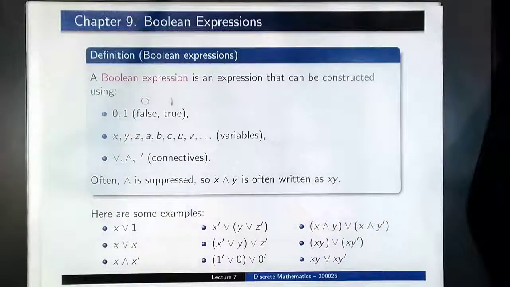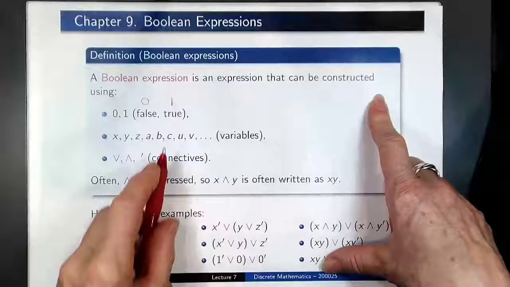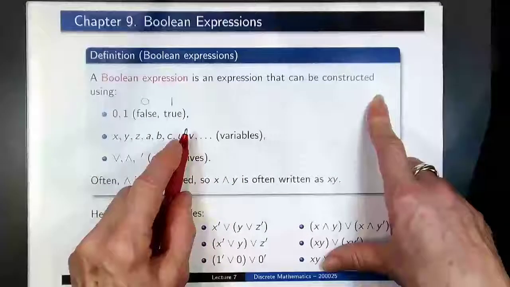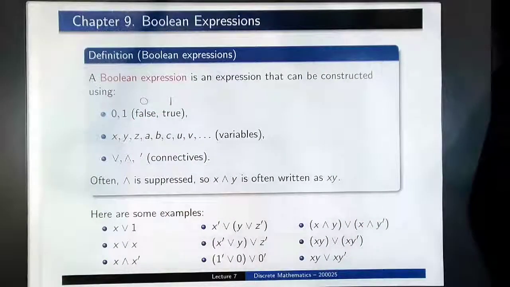Some people always think of 1 as yes and 0 as no. Some people always think of 1 as on and 0 as off. I usually think of 1 as true and 0 as false. They're slightly different contexts and all of them are valid. So we've got our symbols 0 and 1, which represent true or false, yes or no, or on and off if you're working with circuits.